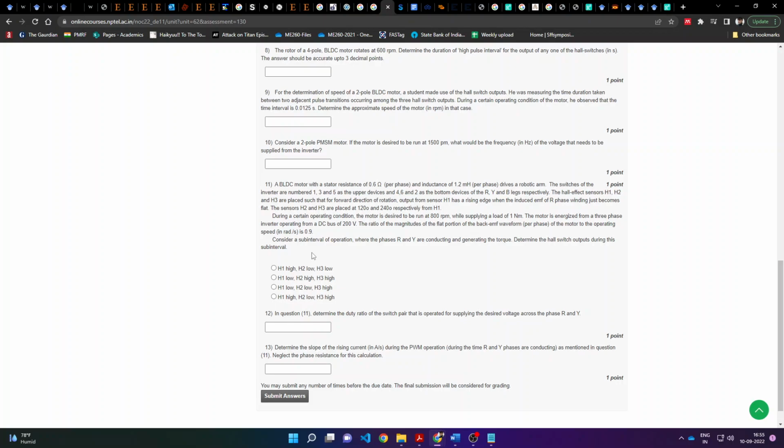The ratio of the magnitude of the flat portion of the back EMF per phase to the motor's operating speed, this is V by omega, right, is 0.9. Consider a subinterval of operation where phases R, Y are conducting and generating torque. Determine the Hall switch output during this subinterval.